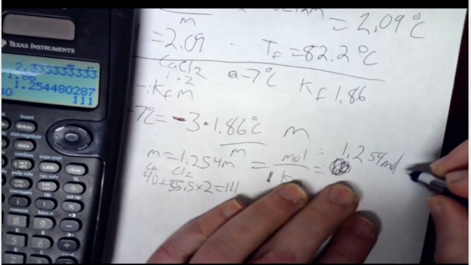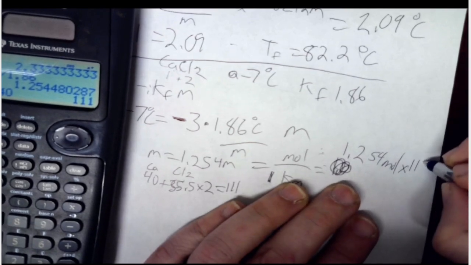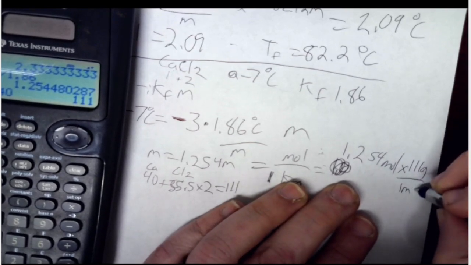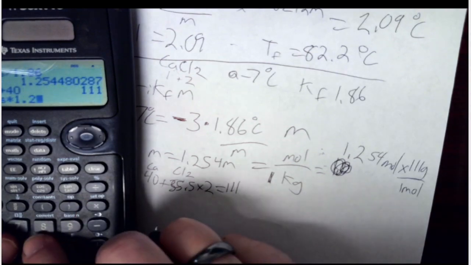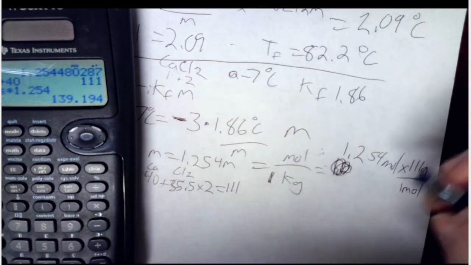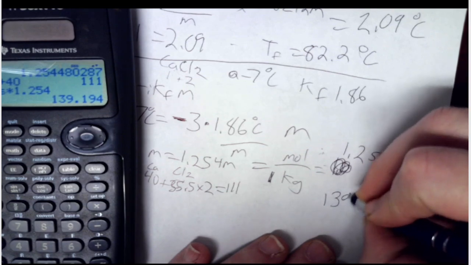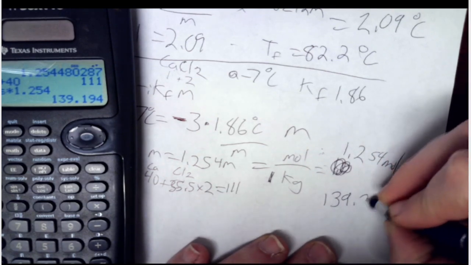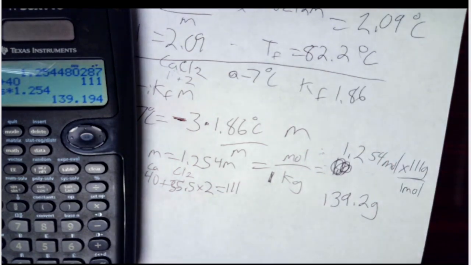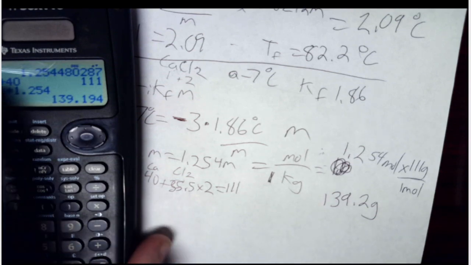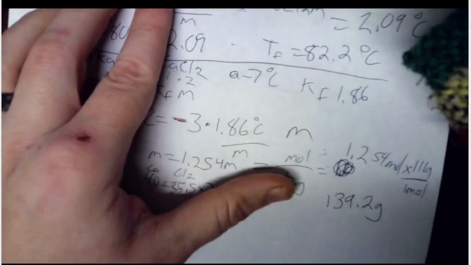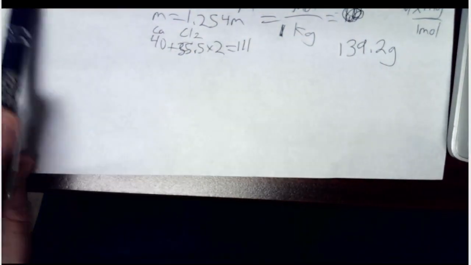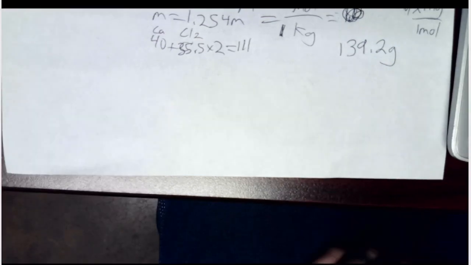So take our 1.254 moles times 111 grams per 1 mole, and you would get, I only need 139.2 grams of calcium chloride to achieve 1 kilogram of ice melting at negative 7 degrees. So it takes very little amount of salt to depress the melting point by that much.